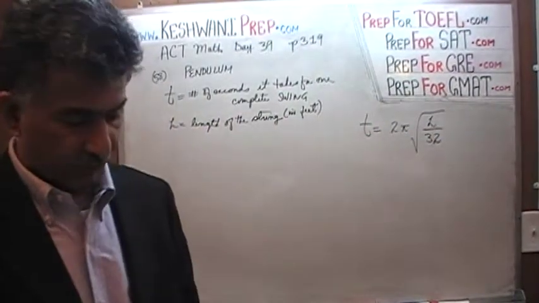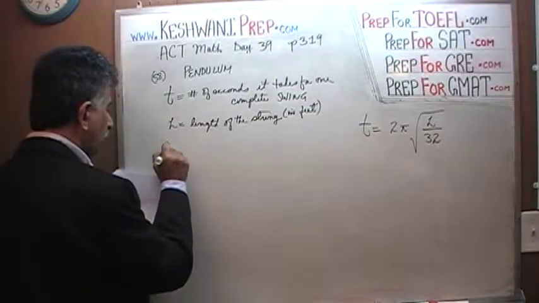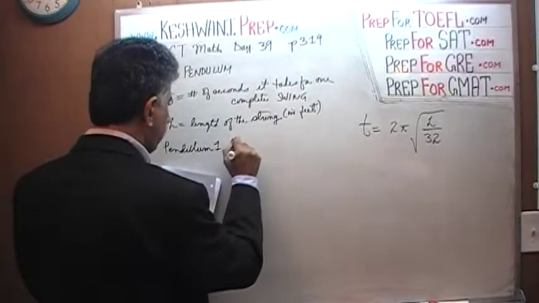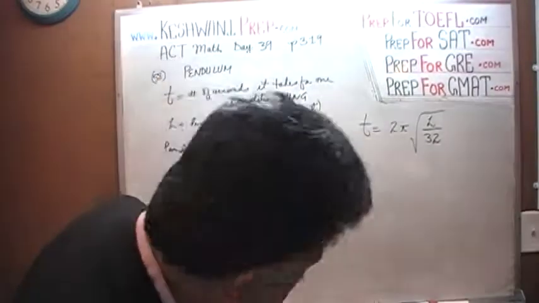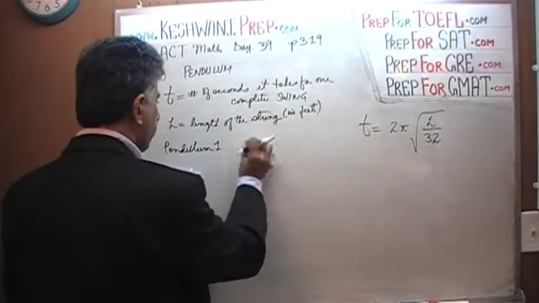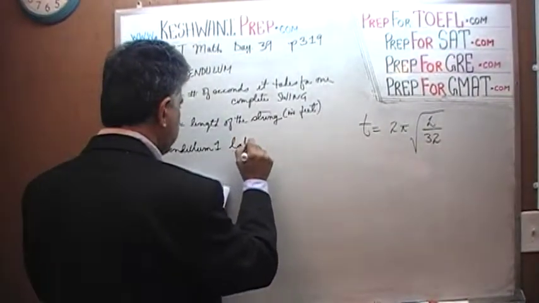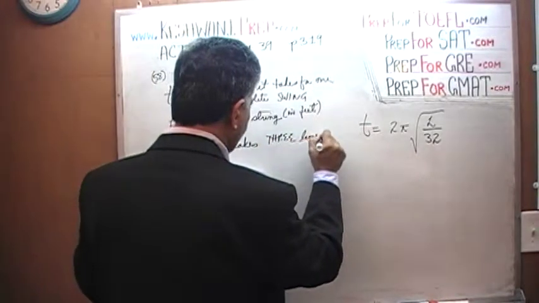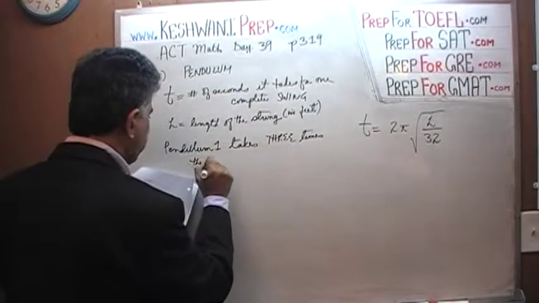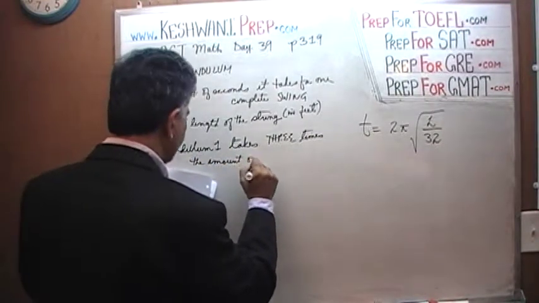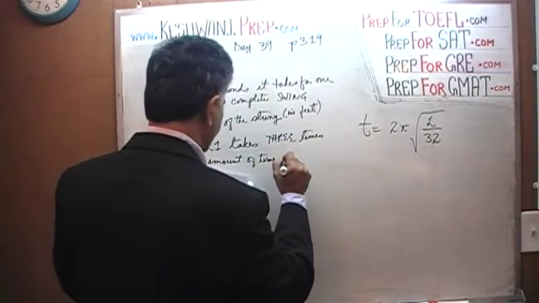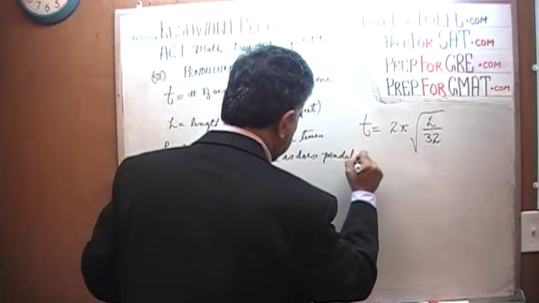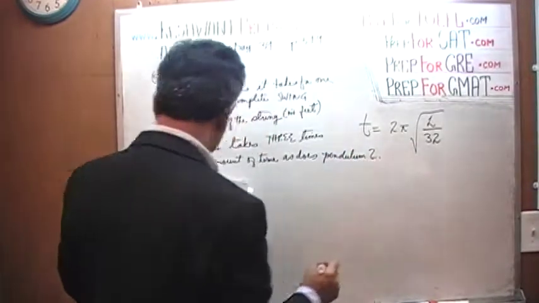We are told that we have two pendulums. Pendulum 1 takes 3 times the amount of time as pendulum 2.